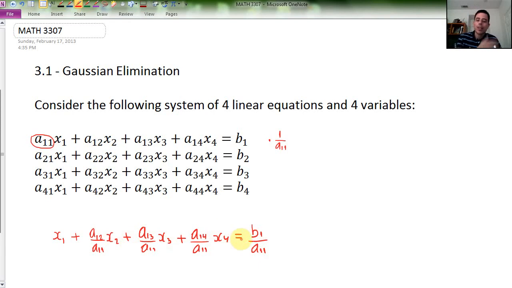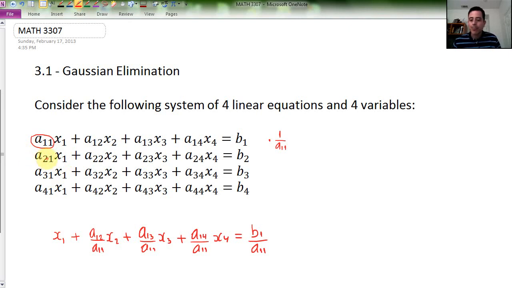So that will be how the first equation will look. But we don't want to touch the first equation. We want to keep the first equation as it is. We just need a multiple of the first equation so we can add it to the second equation.